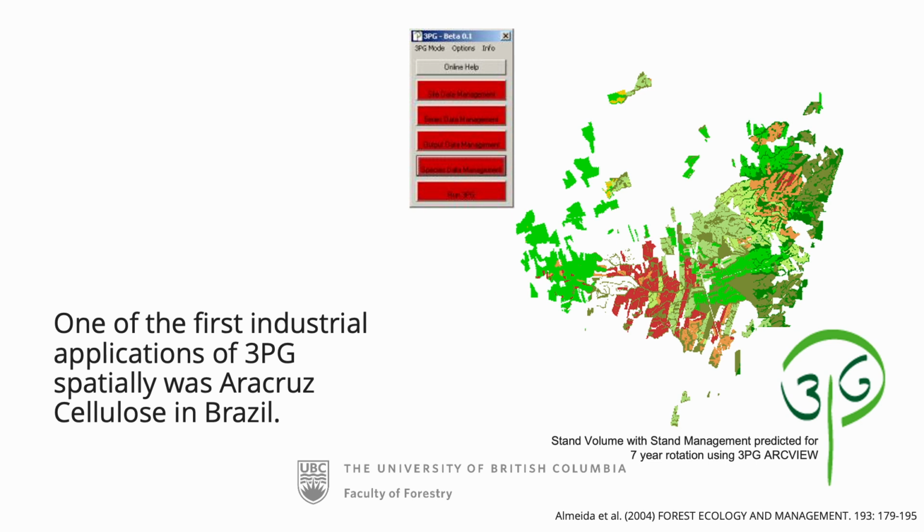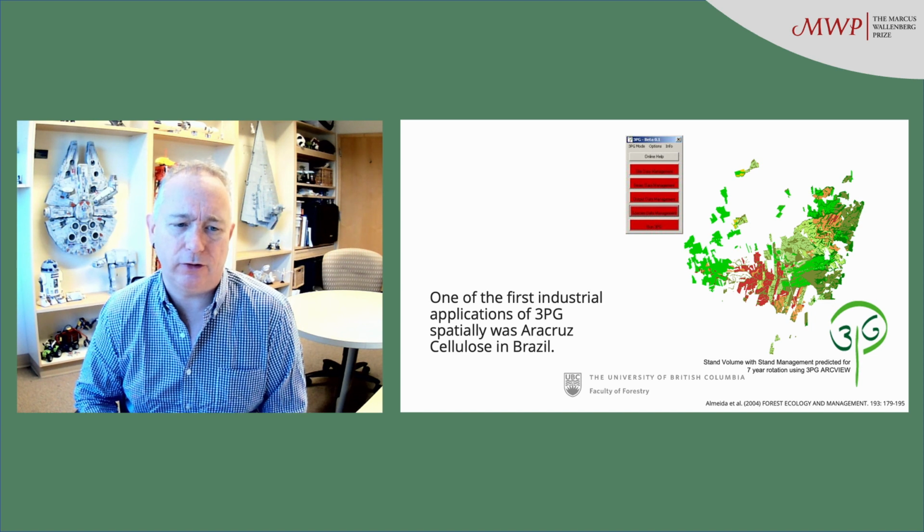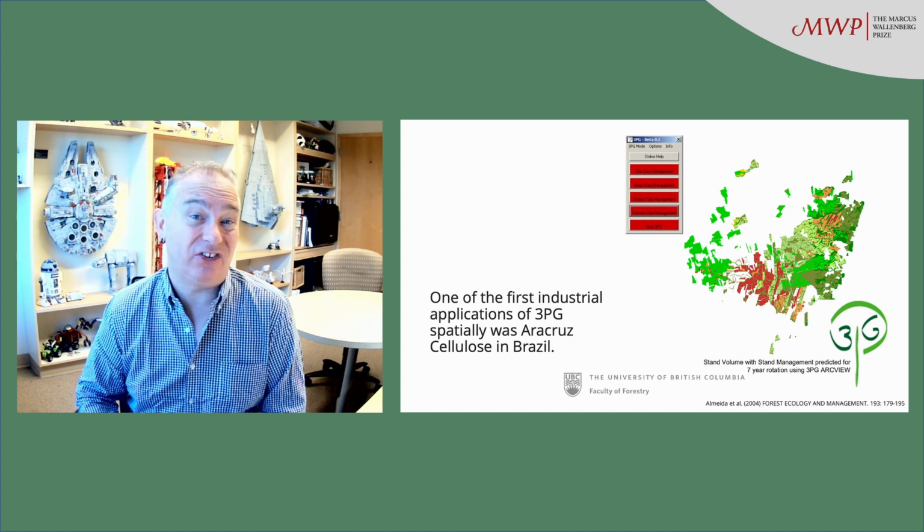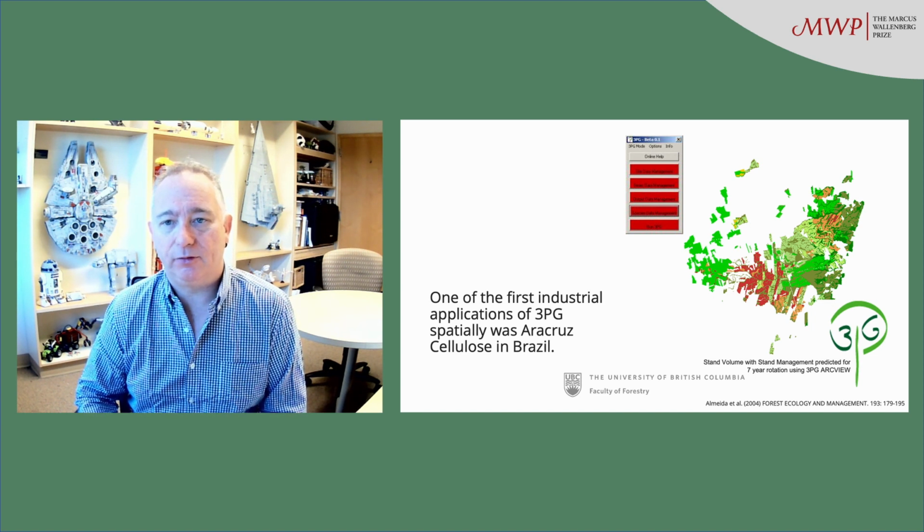The real innovation here was not only applying it over large areas, but tuning 3PG to work in these very short rotations, in this case making predictions at 7 years for the eucalypt species.